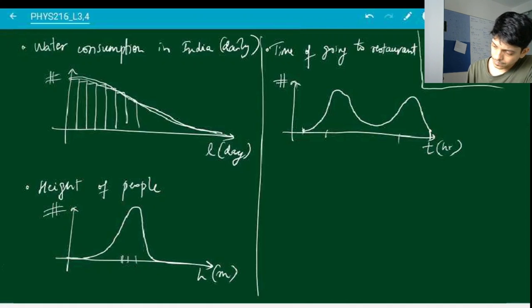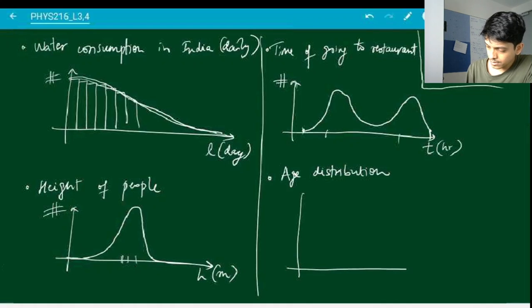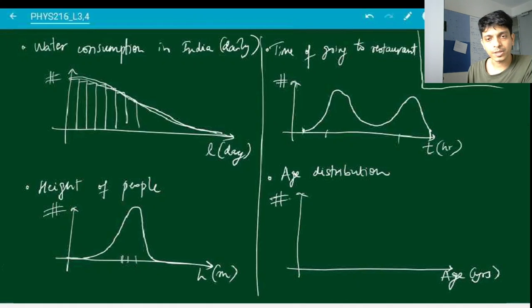Or an age distribution. In a given country, how many people are of age 31, how many people are of age 32, and so on. India has a very large population of young people, so India's distribution looks something like this.